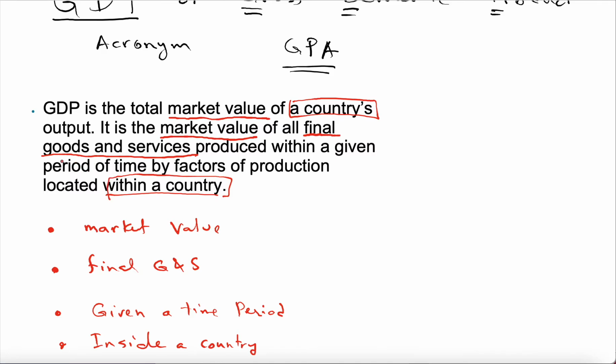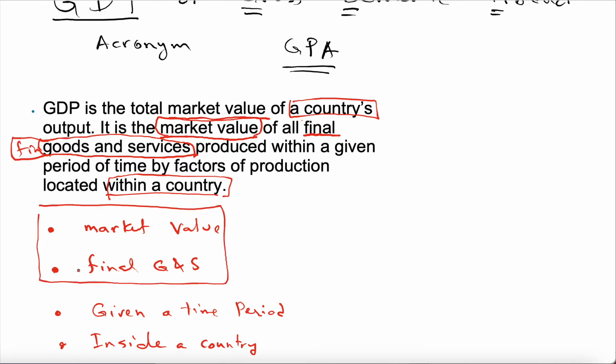So these are the keywords, and I would put the final here, final goods and services. So let's do first the last two things, given a period of time and inside a country. These are easier, and then we are gonna explain these two in further details.